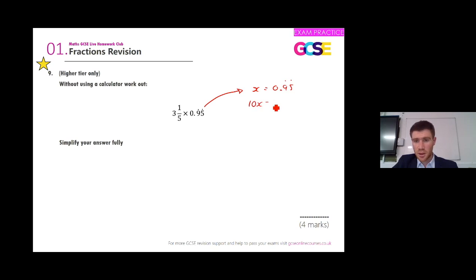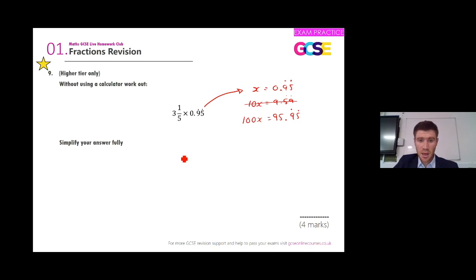That's not going to work because they need to be exactly the same. So 10x is no use to me. 100x, let's think about that. That's going to be 95.95 recurring.